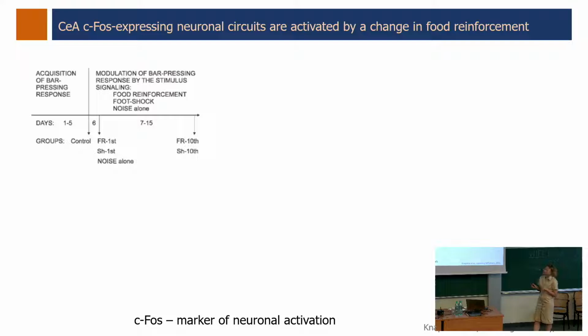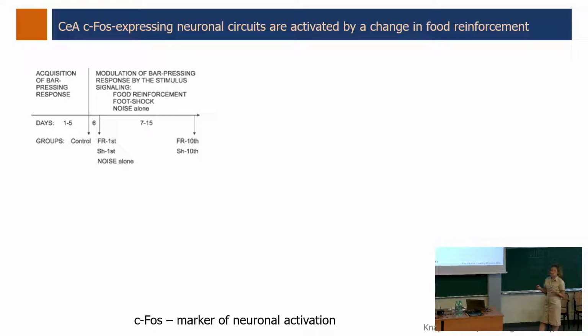We decided to do it because our old data, data that I collected during my PhD project, showed that CFOS, which is a marker of neuronal activation, is expressed in the central amygdala when animals work for a food reward.